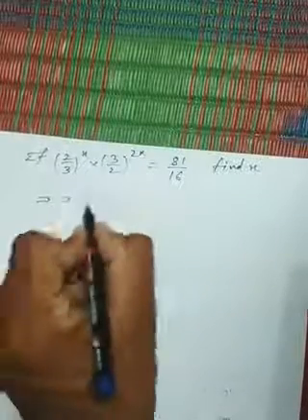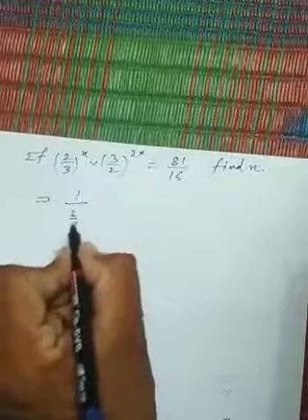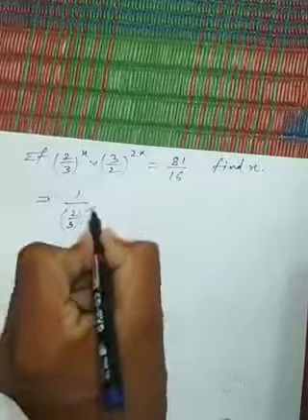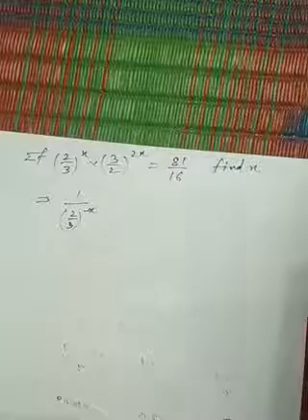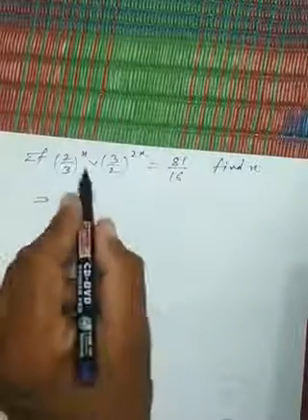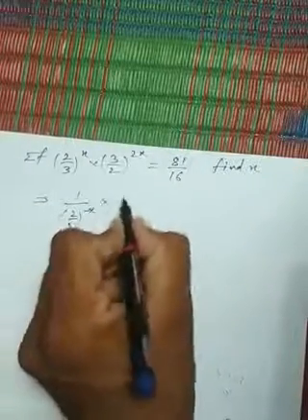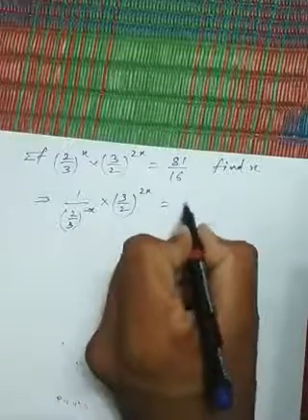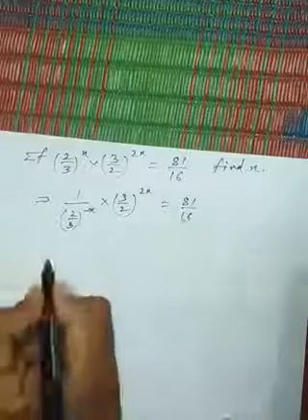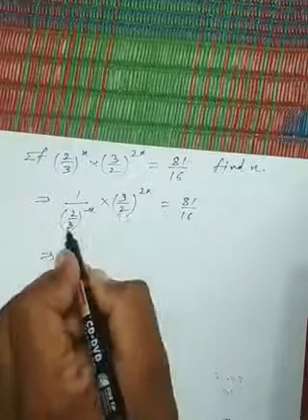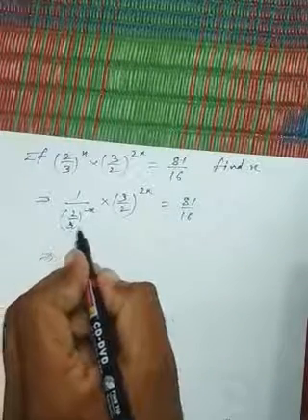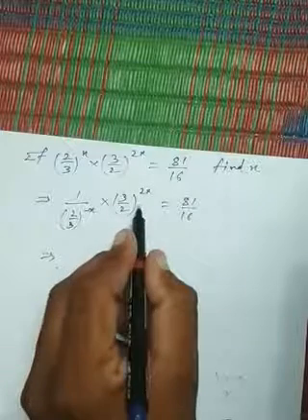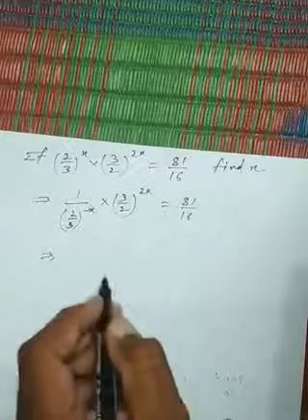So first of all 1 upon 2 by 3 to the power minus x. We should change the exponent, and here 3 by 2 to the power 2x is equivalent to 81 by 16. Here bases are the same in the division, so powers should be subtracted.